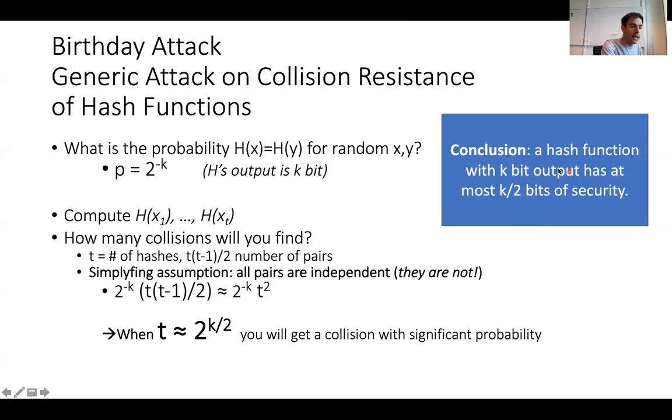Said in other words, a hash function with k bits of output has at most k over 2 bits of security, because an adversary that runs in time 2 to the k over 2 will find a collision with significant probability.